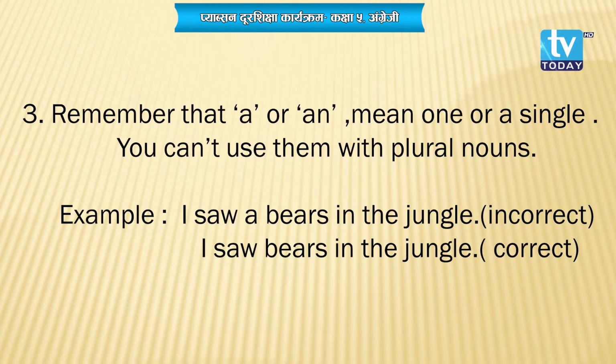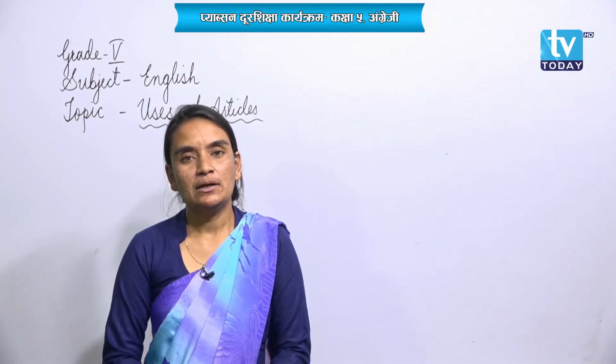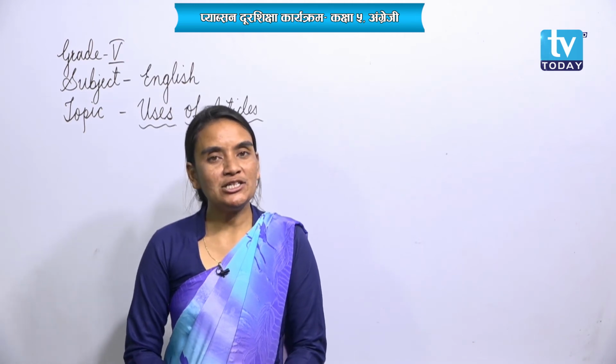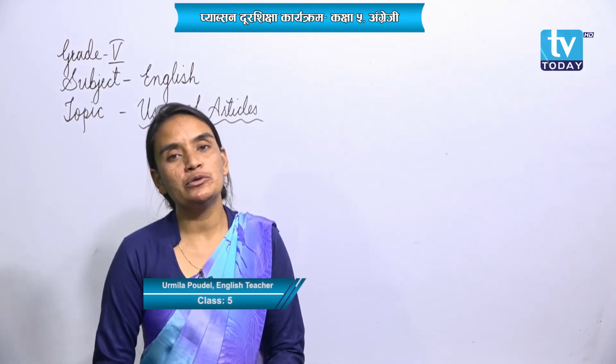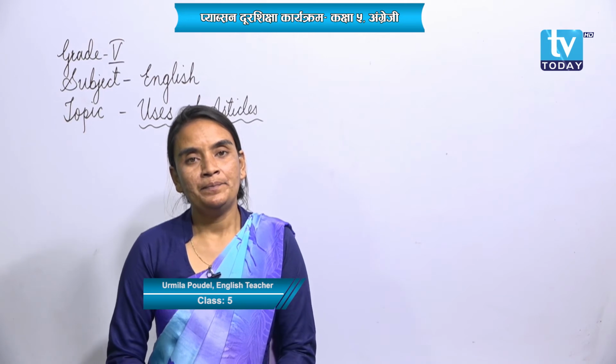So instead of that, what do you have to write? I saw bears in the zoo. Omitting the use of a or an, we have to write: I saw bears in the zoo. Okay, now the next rule we are following for the use of a or an.